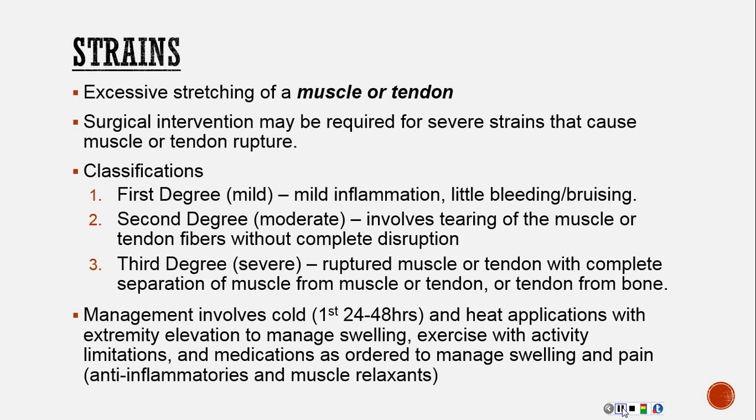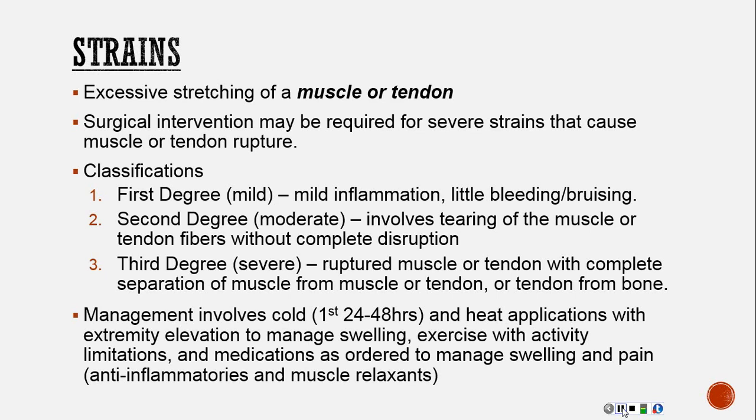Second degree or moderate strain involves tearing of the muscle or tendon fibers without complete disruption. So it's not completely torn to where it's not intact to some degree.